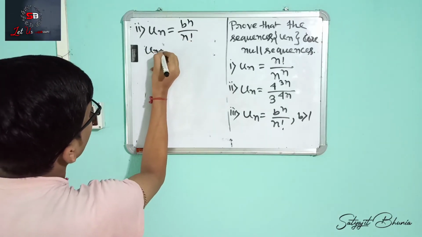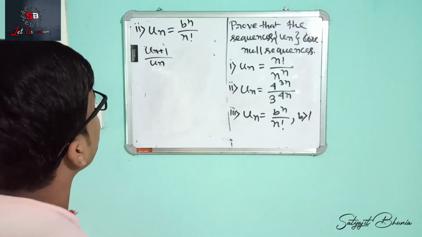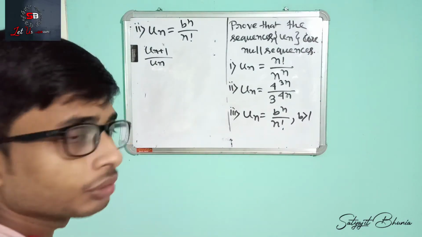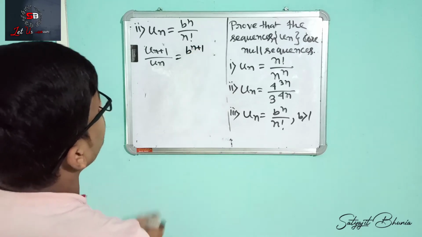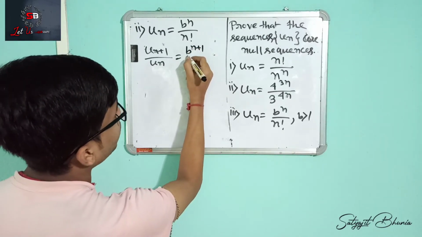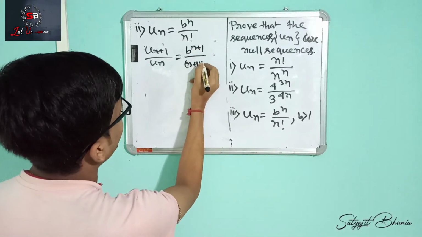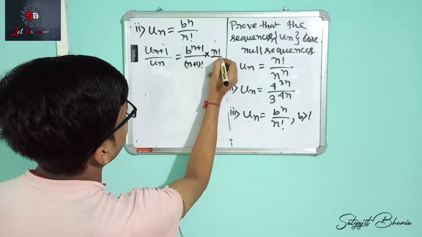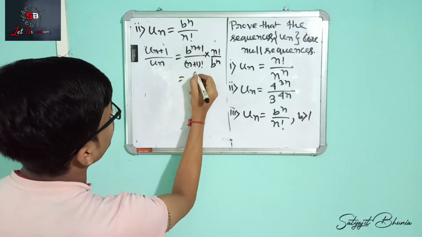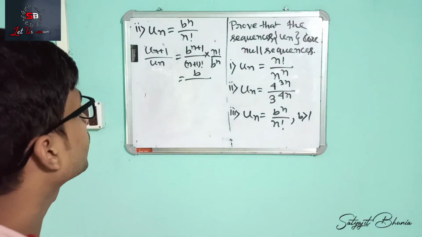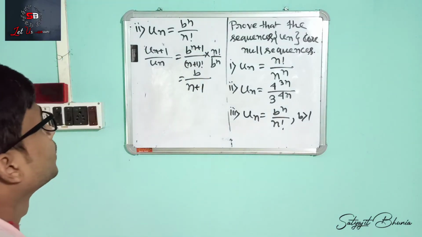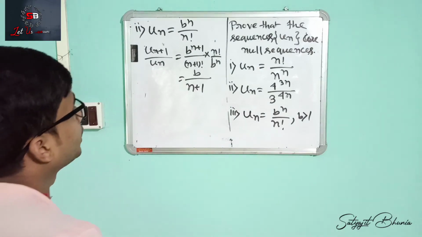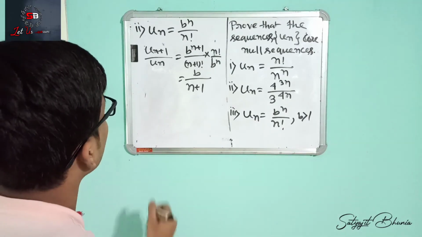Again, we will find un plus 1 by un first. So b to the power n plus 1 by n plus 1 factorial into n factorial by b to the power n. So in the upper part it will be b, and that will be b by n plus 1.